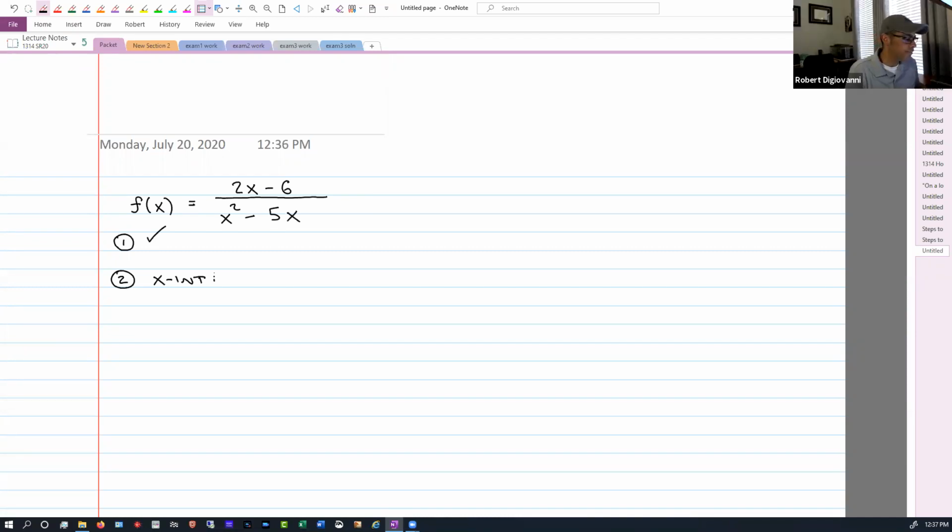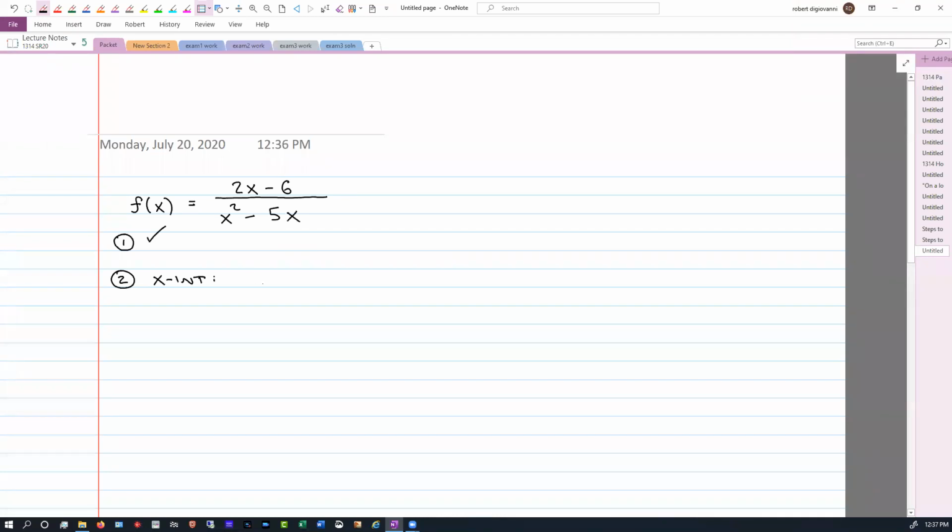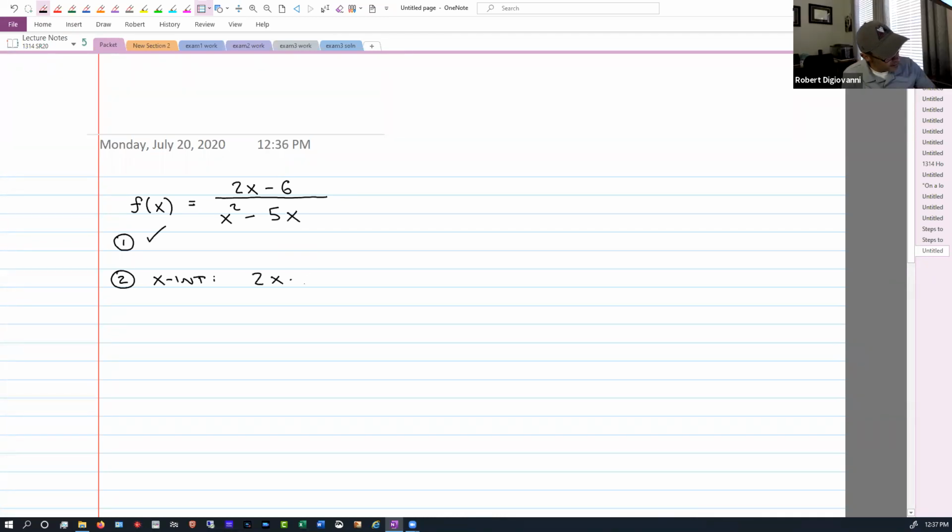What equal to 0? 2x minus 6 equals 0. So the numerator, the top, right? So we set that equal to 0. We add 6 to both sides. And this will be a point on our x-axis, and it's the only point on our x-axis we're allowed to touch at all.